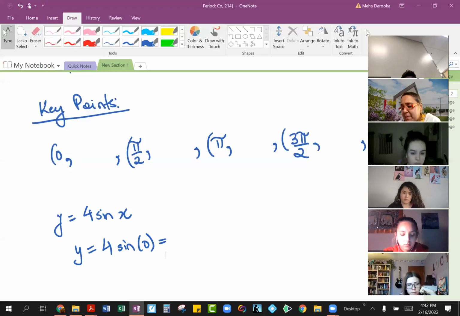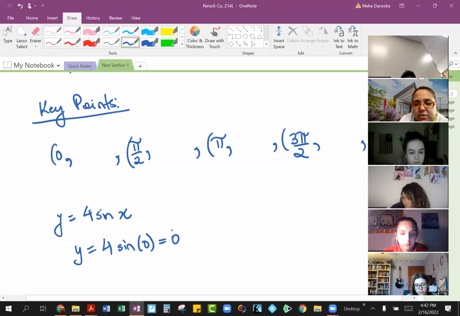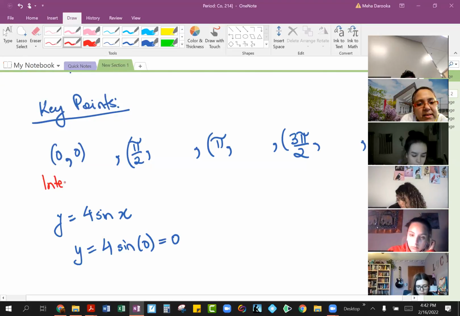Zero? Yeah, because sine of 0 is 0. So even if you multiply 4 into it, you're still going to end up with 0. So this actually tells us we are going to have an intercept here at 0, 0.